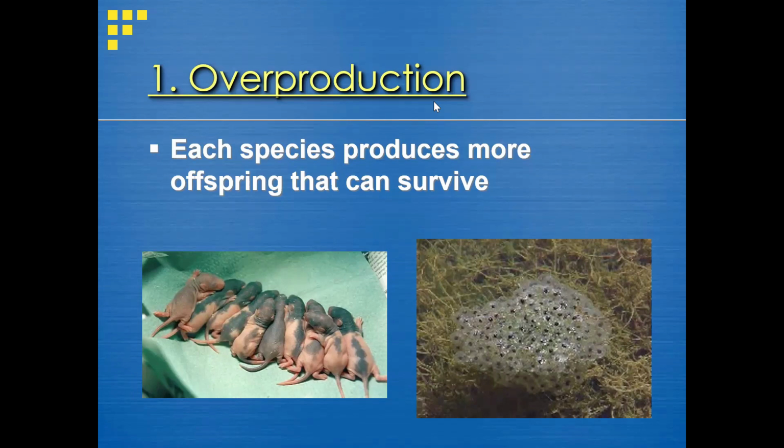Because if the number of living organisms that are dying is greater than the number of living organisms that are produced, it means there is a likelihood that that species may be eliminated.